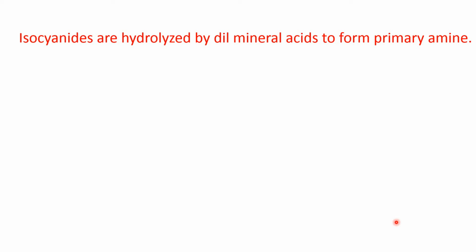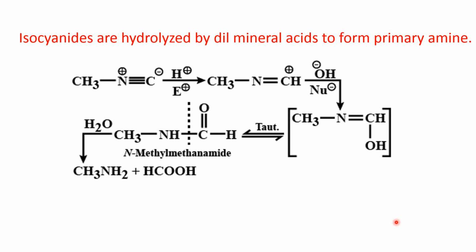Now, these isocyanides are hydrolyzed by dilute mineral acid to form the primary amine. Let's see. So this is methyl isocyanide. In dilute mineral acid, it forms this primary amine. Let's see the mechanism. So this is isocyanide. This carbon is negative.